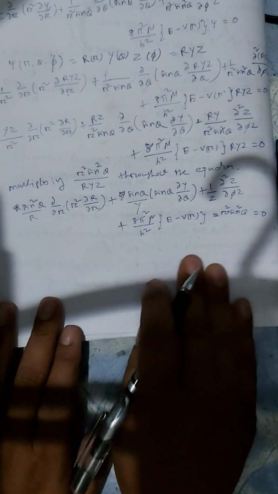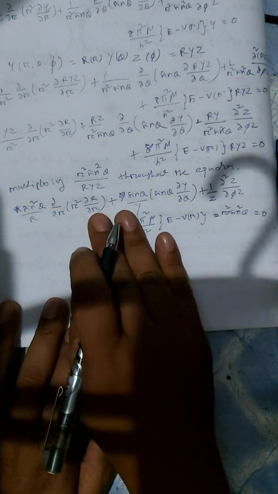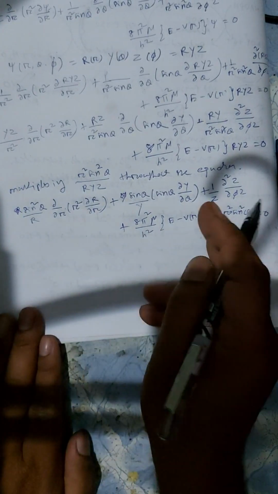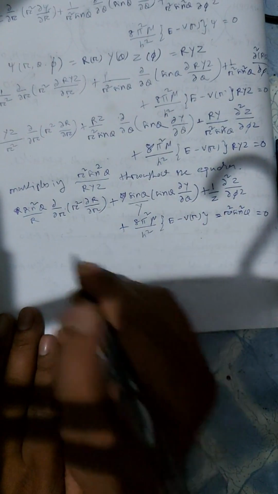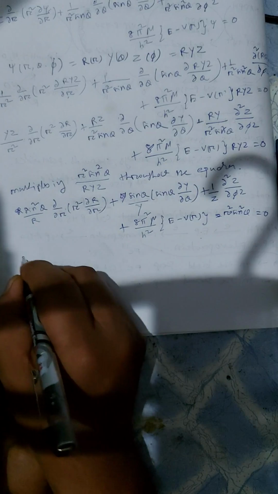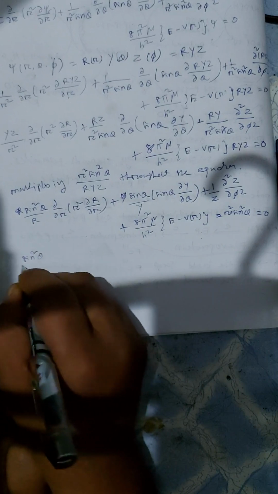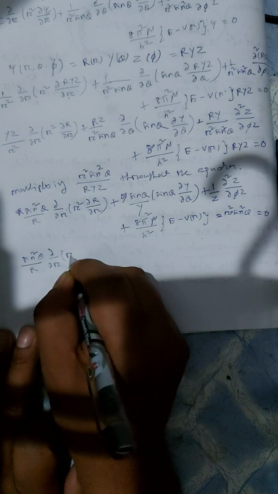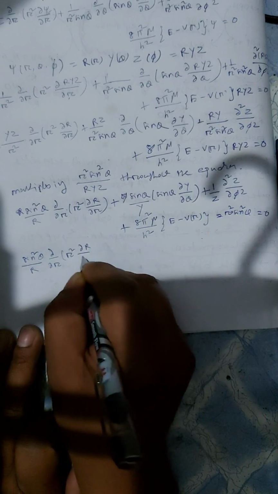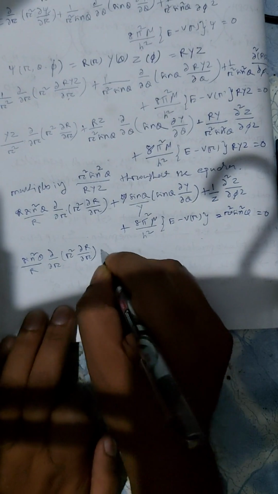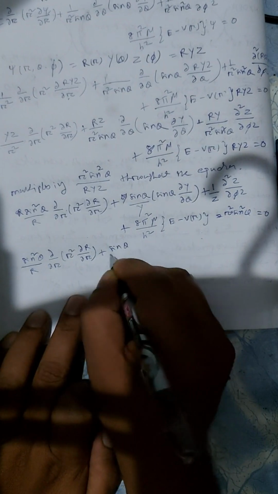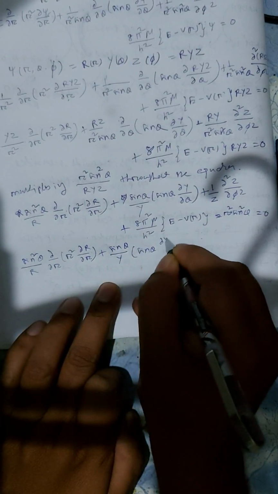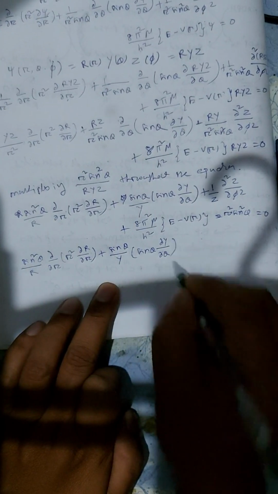Then keep this phi term on one side, and all r and theta terms on the other side. What is remaining? Sin square theta by R ∂/∂r of r square ∂R/∂r, plus sin theta divided by Y ∂/∂theta of sin theta ∂Y/∂theta.